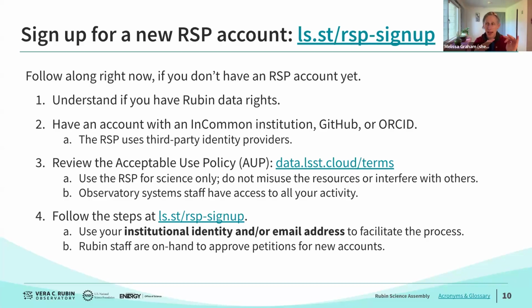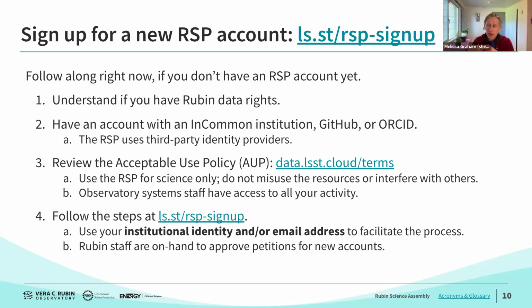So you are making a new account, but it's always going to authenticate your access by having you log into that third-party identity provider, and then it's going to send you back. For me, I use the University of Washington. That's where I am. So every time I log into the Rubin Science Platform, which you'll see at the end of the session today, it takes me to UW. I log into my UW identity, and then it sends me back to the Rubin Science Platform.